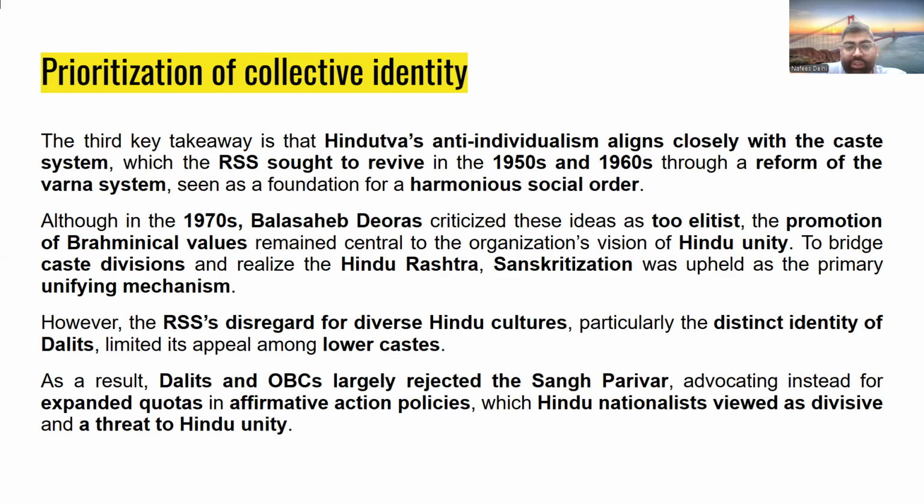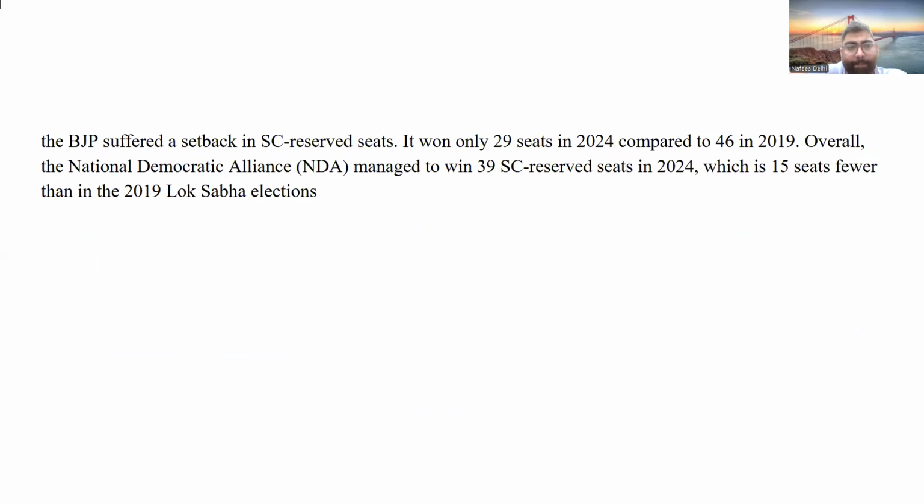To bridge caste divisions and realize the Hindu Rashtra, Sanskritization was upheld as the primary unifying mechanism. However, the RSS's disregard for diverse Hindu cultures, particularly the distinct identity of Dalits, limited its appeal among lower castes. As a result, Dalits and certain OBCs largely rejected the Sangh Parivar, advocating instead for expanded quotas in affirmative action policies, which Hindu nationalists viewed as divisive and a threat to Hindu unity.